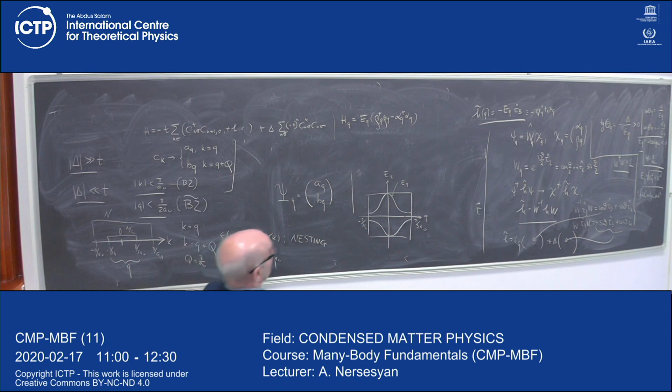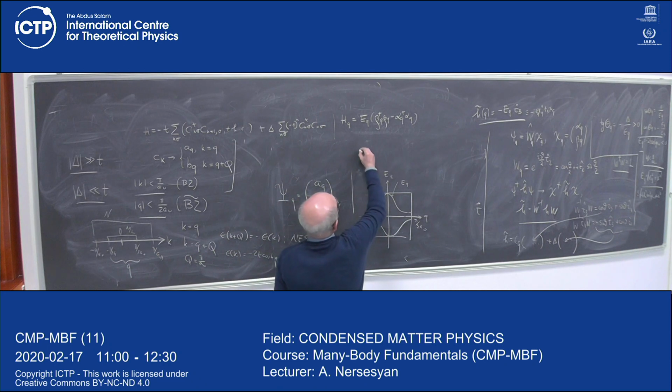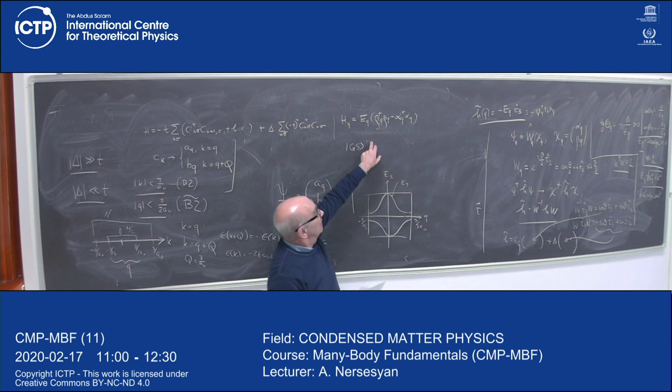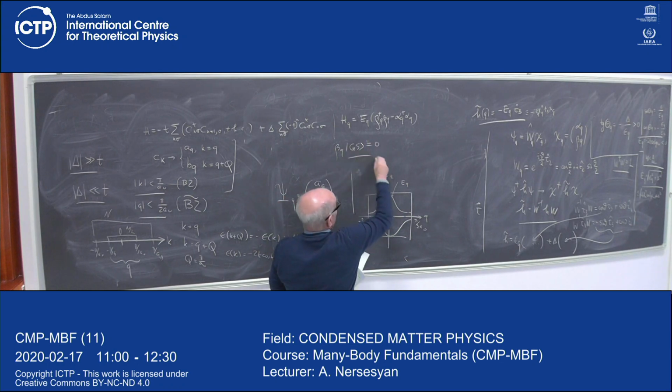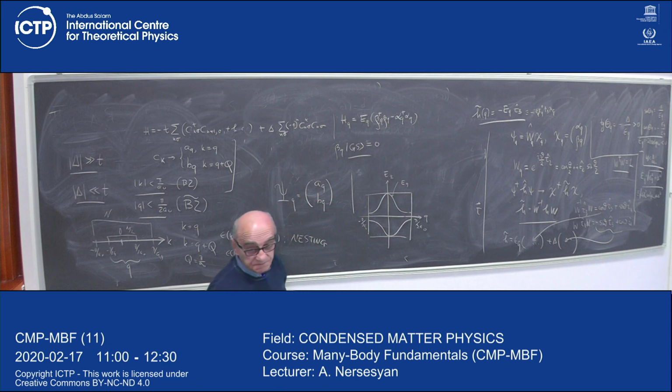So, mathematically, this means that if you build up a ground state, this ground state should operate as a standard mathematical vacuum for beta particles, because the upper branch is empty.